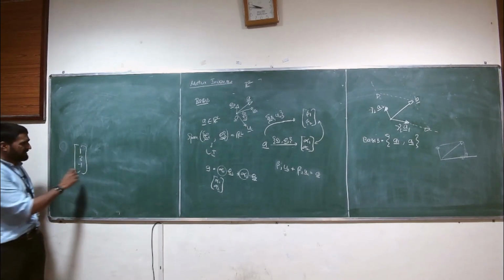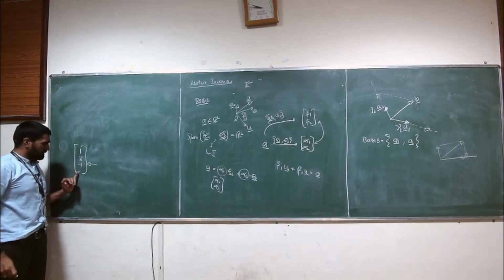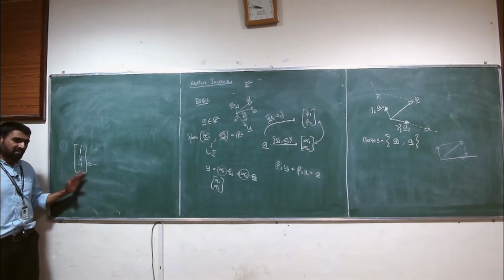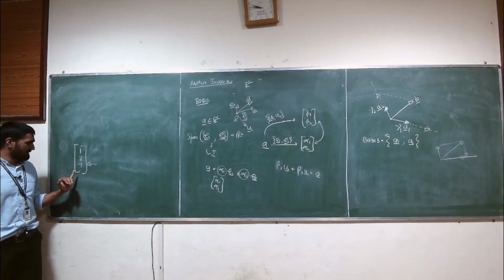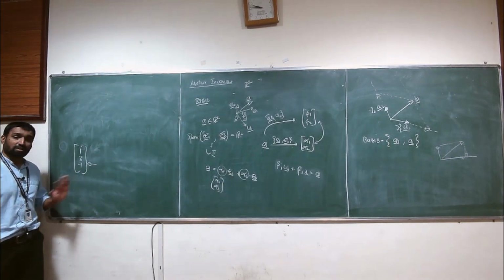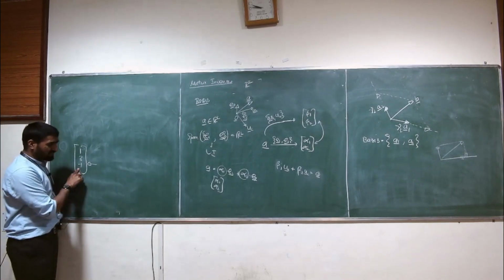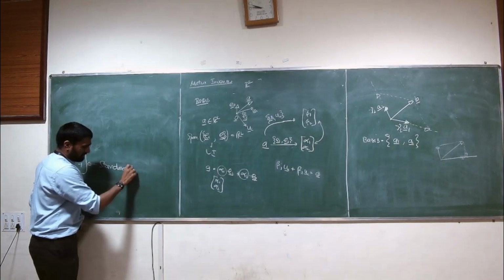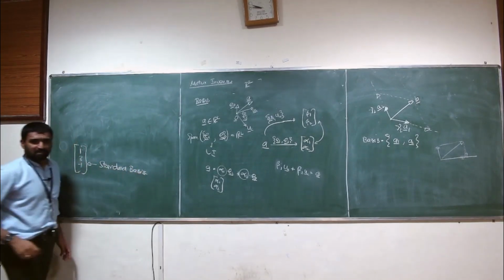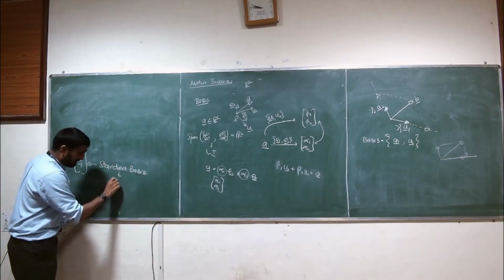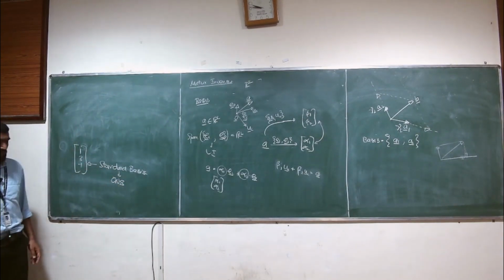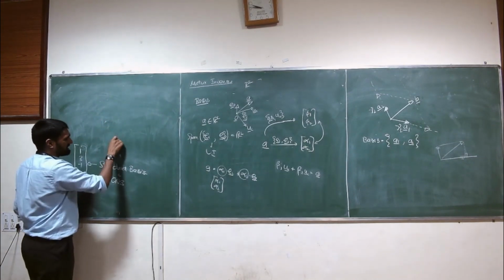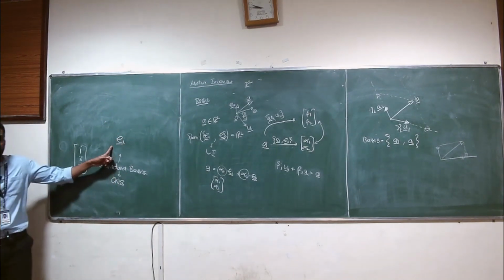Often, when you see somebody write something like this, or if I say something like this in class, you always assume that if the basis is not mentioned, this is in what is called the standard basis. A standard basis is essentially an orthonormal basis, and the basis vectors are these e_i unit vectors.